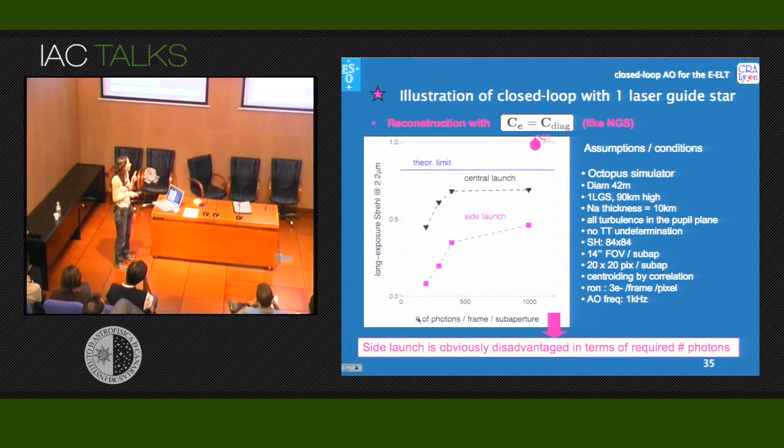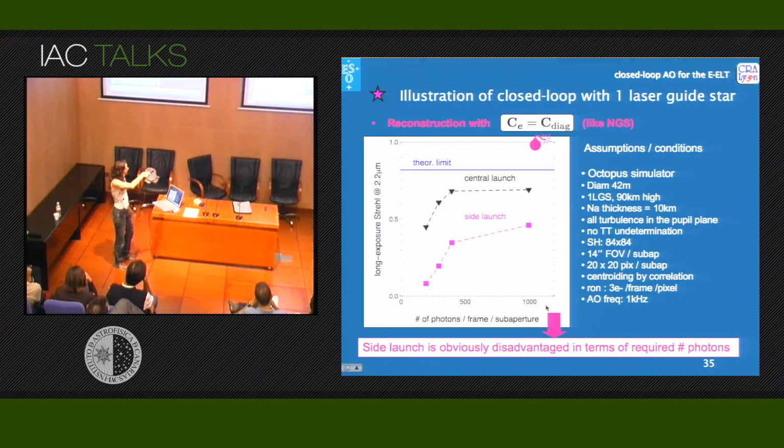And they could not think about using side launching because of the strong elongation and because of this loss of performance. But in Europe, we have done the study of using this noise correlation in the reconstruction.